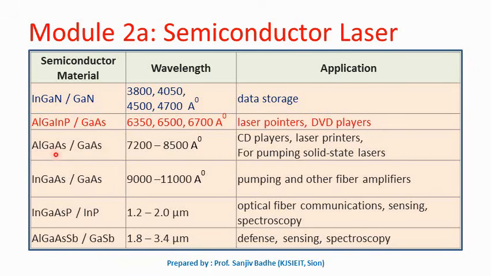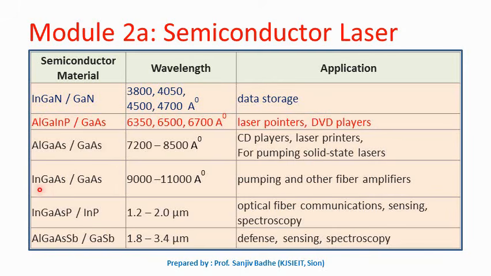Then aluminium gallium arsenide or gallium arsenide can be operated in the infrared region, 7200 angstroms to 8500 angstroms. So they can be used in CD players, laser printers, and for pumping, supplying the optical energy in the case of solid state lasers.